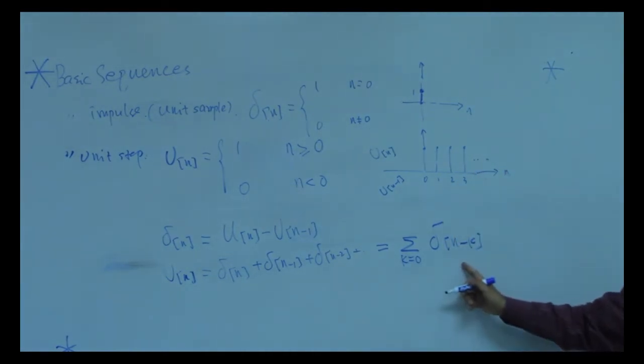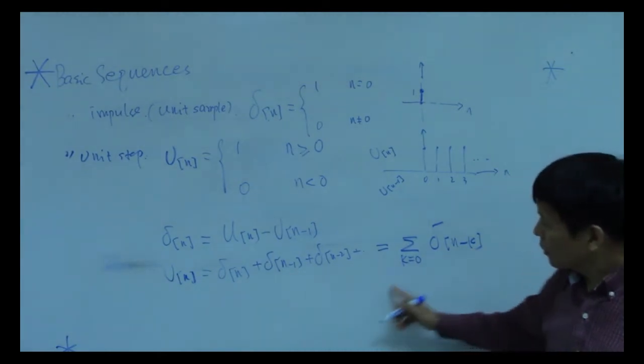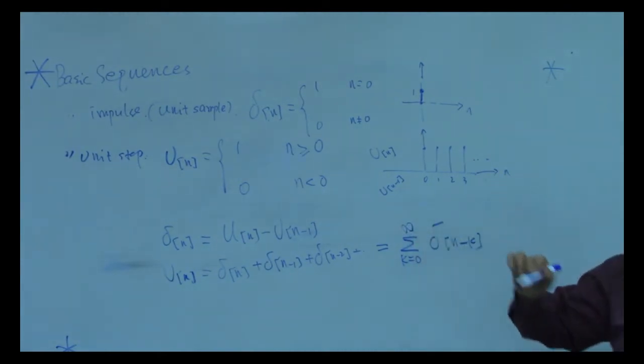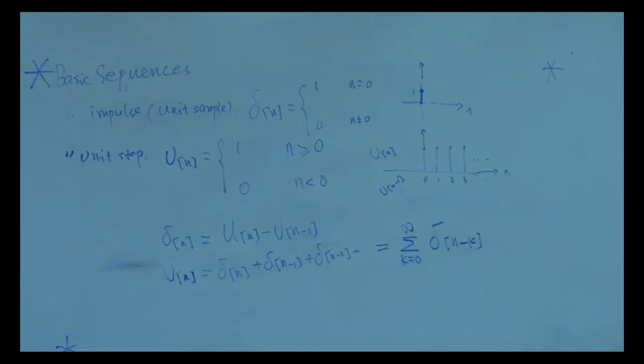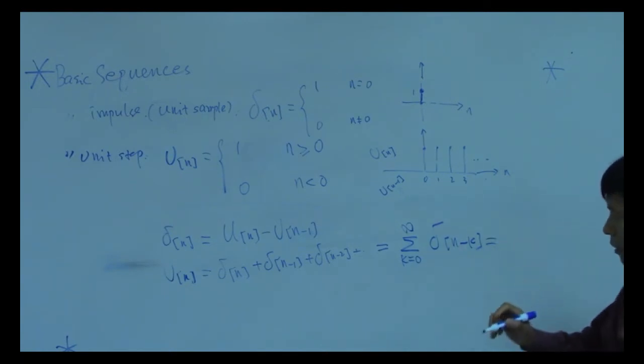Then the second term is k equals 1, so that gives us this term. Then we have all the way up to infinity: 0, 1, 2, 3, and so on. Questions?